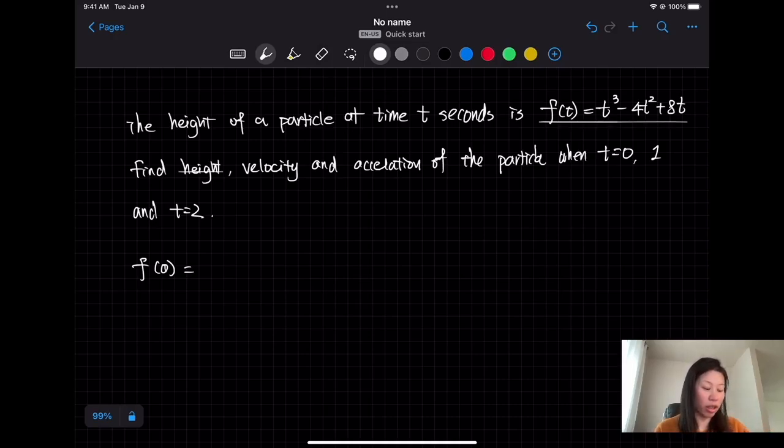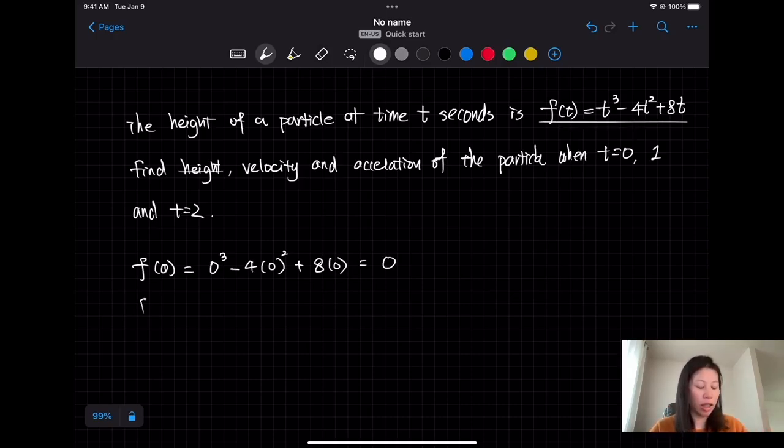So you will get 0 cubed minus 4 times 0 squared plus 8 times 0, which equals 0, right? So that means the original height is on the ground.